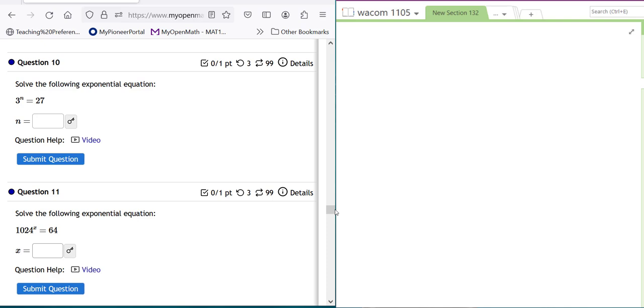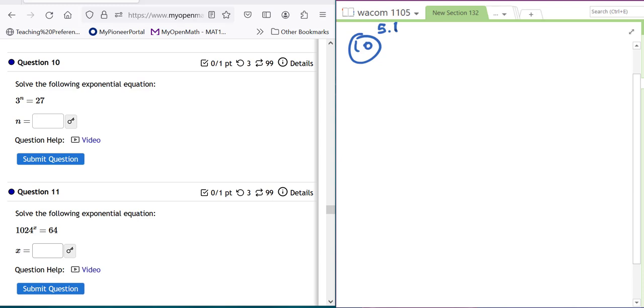If you can make the bases the same, you're allowed to set the exponents equal, and then you can solve. And so our first one here is pretty easy. Some of the others are a little tricky. You have to really work on those. So we're still in 5.1. And I'll just pick a few.